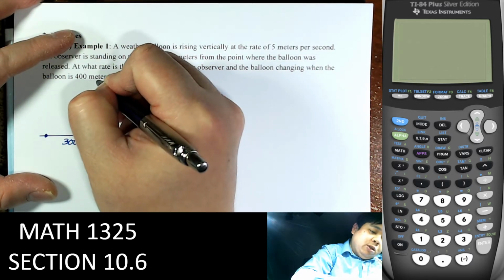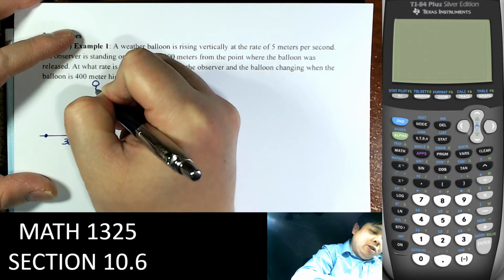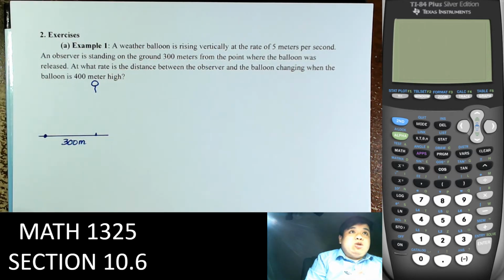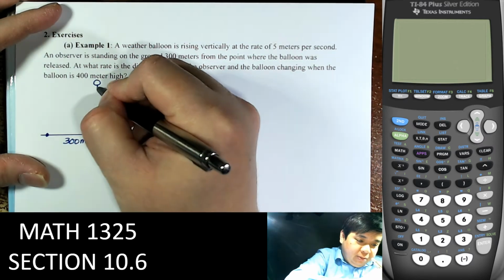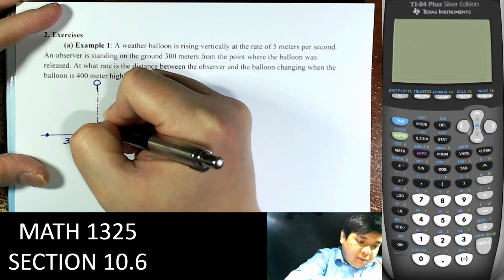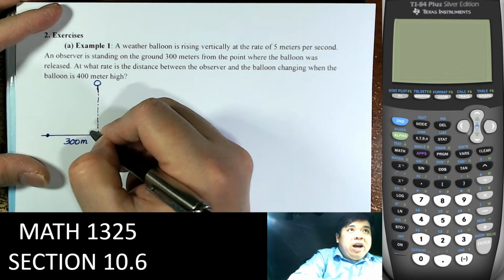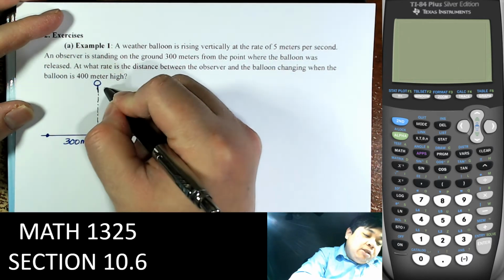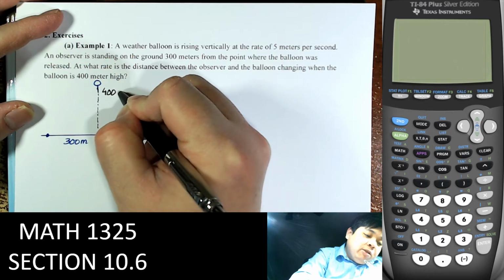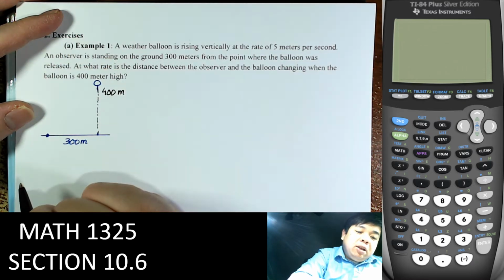Just draw the balloon. Assuming that there's no wind, so the balloon just goes straight up from where it is released. Right, and at that instant it is 400 meters above the ground, 400 meters high.